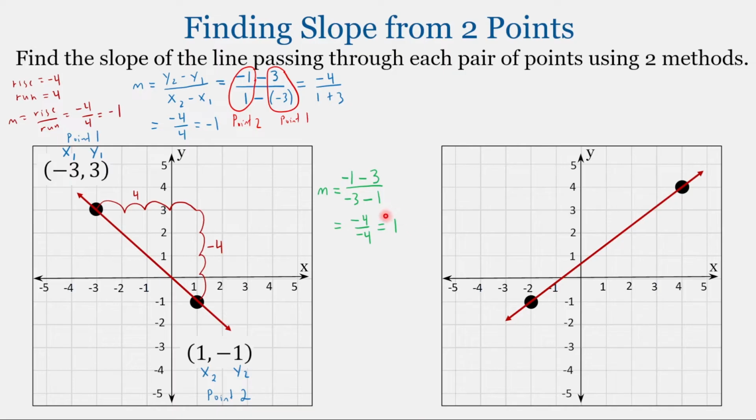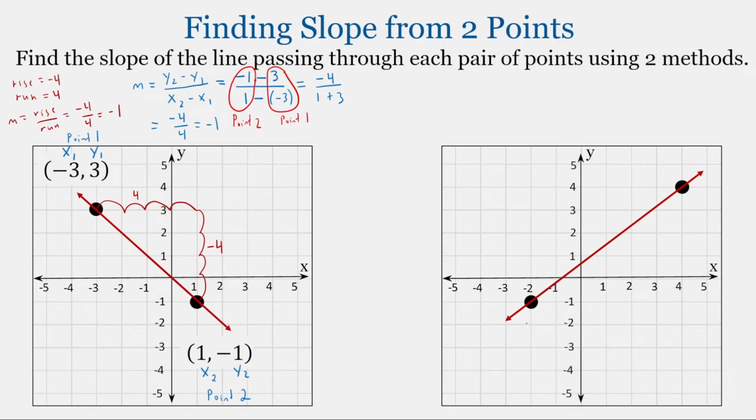But if you quickly check and see, well, I've got a positive slope, so my line should be going up as I move from left to right, and that's not the case here, you can identify that you made a mistake somewhere and go back and check your work. And this is a common error, grabbing the y coordinate from one point and then the x coordinate from the other point.